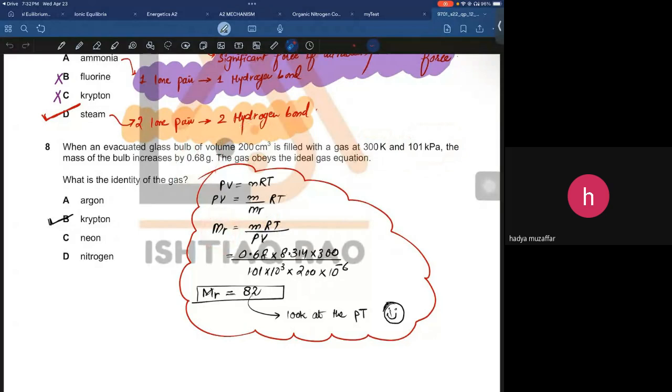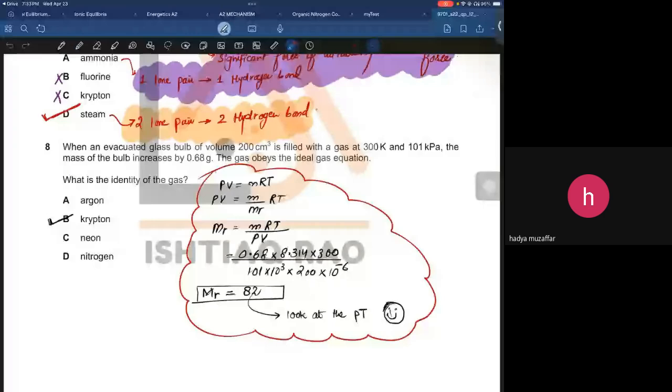After finding out the molecular mass, I would be matching that molecular mass with the periodic table. If I'm getting 82, what's the Mr? Which molecule, which gas, or which compound is going to have this Mr?